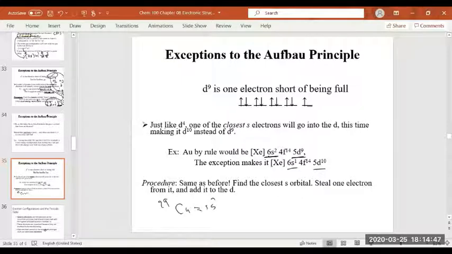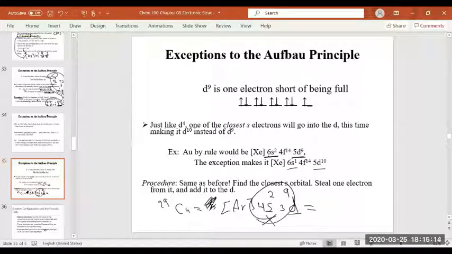Okay, anyway, look here at copper. 1s2, or let's do it shorthand quickly. Which element comes before copper, the noble gas? It is argon, argon 18, and then we have 4s2, 3d9. Now look here, s2, d9. So we will do it this way. Don't leave it like this, guys. This is not accepted. It's supposed to be argon and 4s1, 3d10.